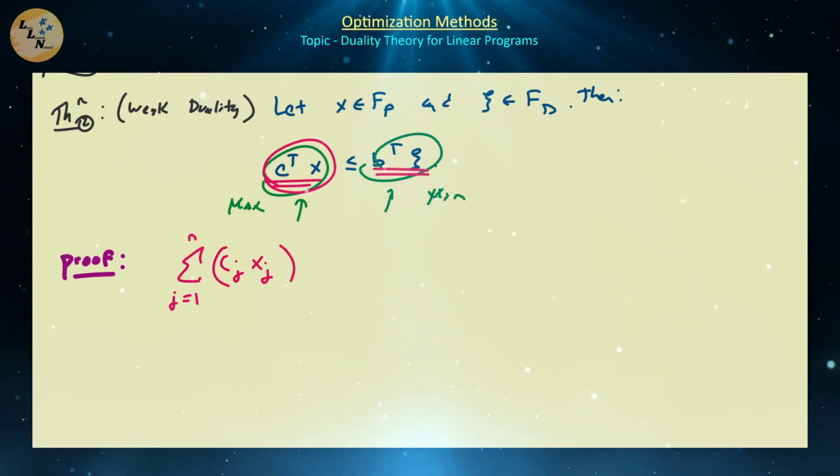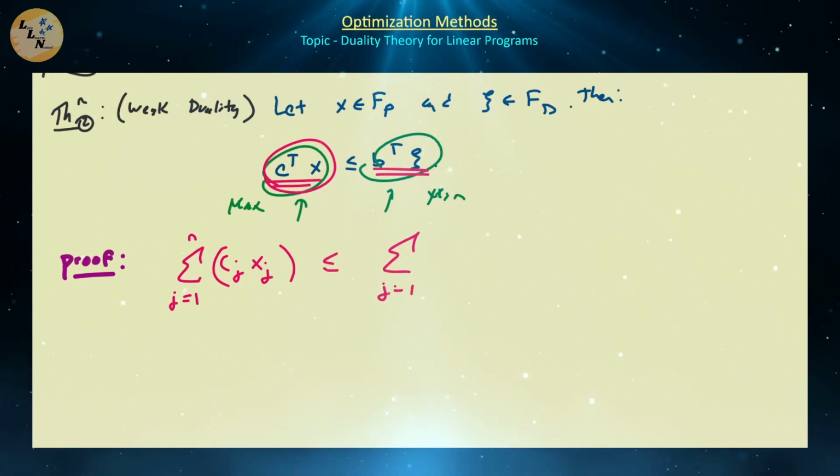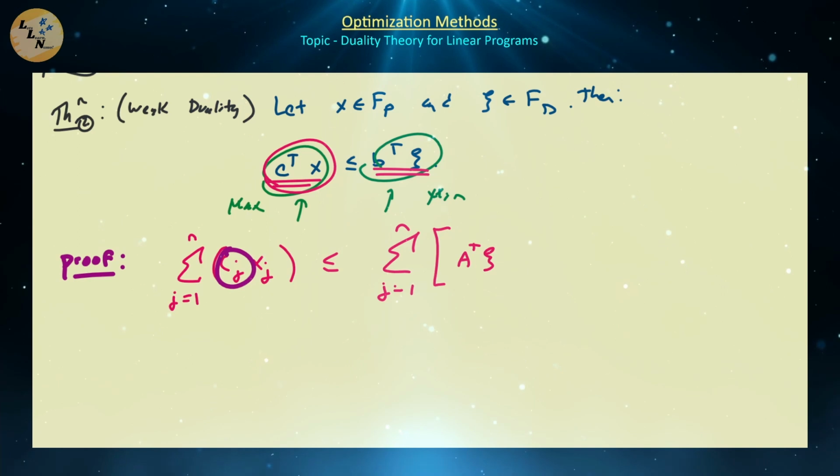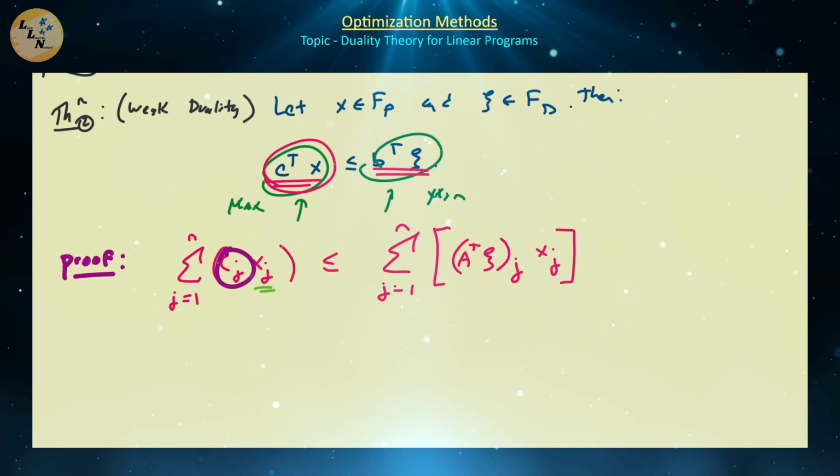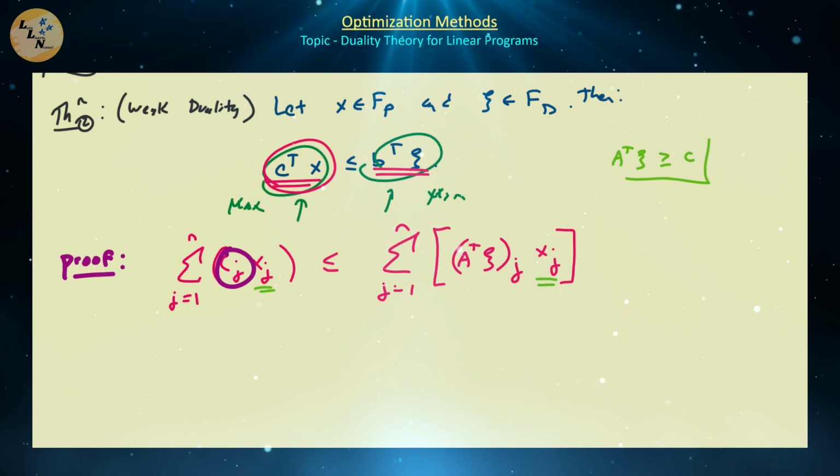We know this is less than or equal to the summation from j equals 1 to n of, remember what c_j is bounded by, the jth row of A transpose psi, times x_j. I've left x_j the same. Why is that the case? Keep in mind for our dual linear program, we know that A transpose psi is greater than or equal to c. That's the constraint form for the dual version of the primal program P.